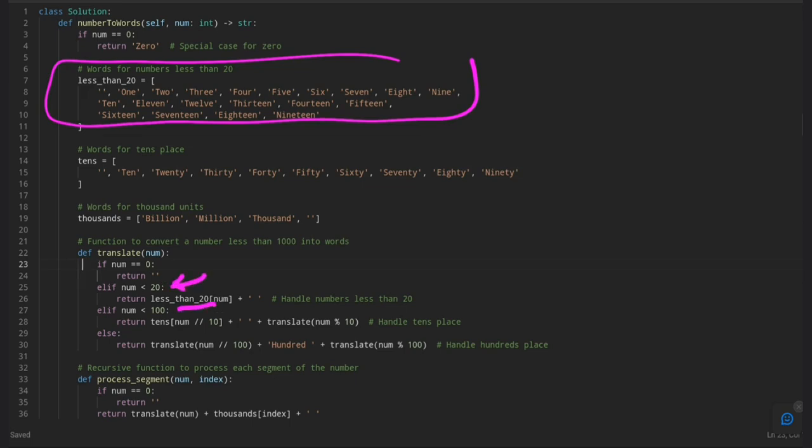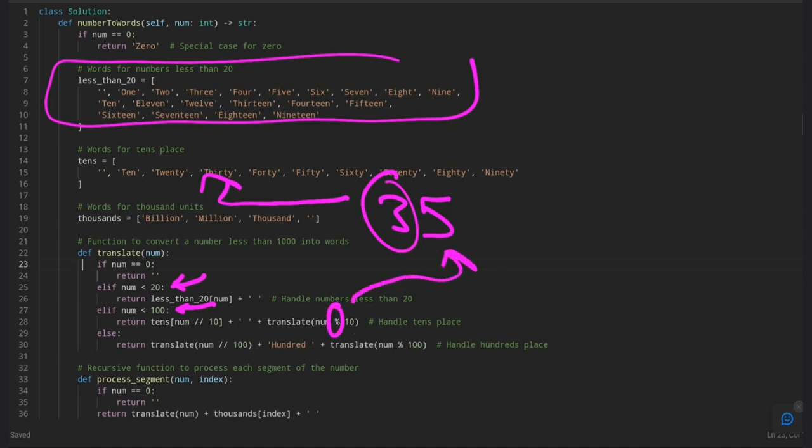If it's less than 100, then it can still be 35, so take this 30, go here and grab this 30. And then for the remainder on the right side, remember modulo on the right side, we translate again with a recursive call to this translate function.